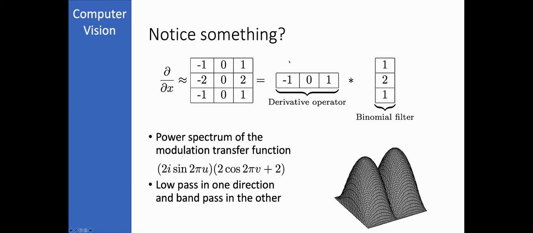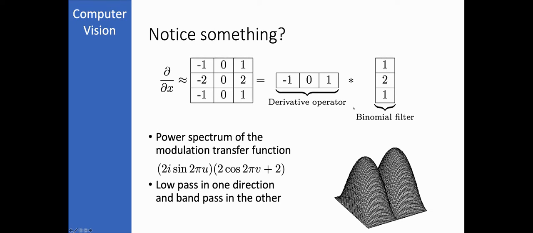You see that this operator here looks very much like the derivative operator we've seen before. Instead of having a 1 here, it has a 0 here, and the 1 is shifted, but this is basically the derivative operator. And this is the binomial filter. We've seen this before when we studied the binomial filter, that this was actually quite a good filter to smooth images.